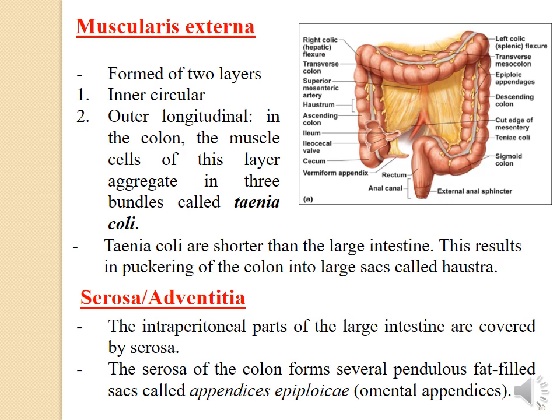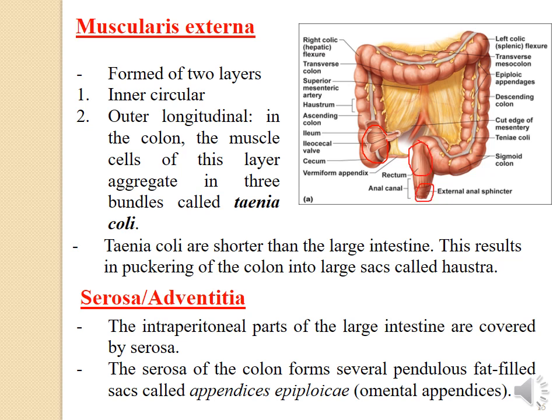The muscularis externa has some special features in the large intestine. It is formed of two layers, inner circular and outer longitudinal, just like in the small intestine. However, the outer longitudinal layer has some special arrangement. In the colon, remember, the large intestine is formed of the cecum, colon, the rectum, and finally anal canal.